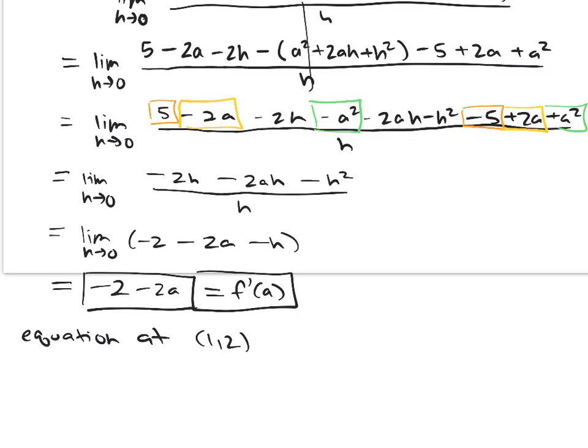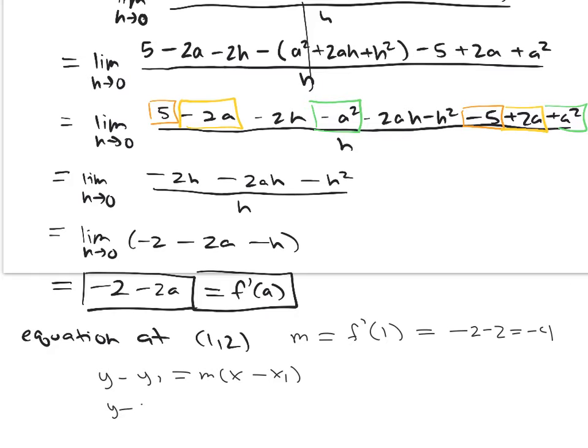Okay, so equation at 1, 2. What is the slope going to be? How would you find it? What would you plug in? 1. F prime of 1. So that's -2 minus 2 or -4, right? All right, then the equation is y minus y1 equals m, x minus x1.